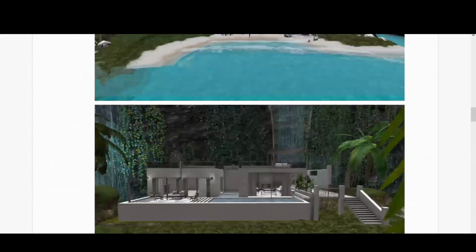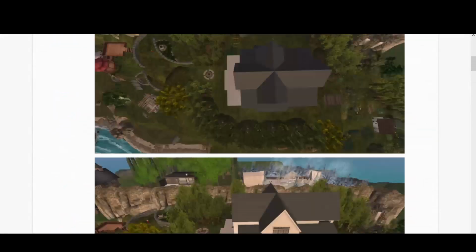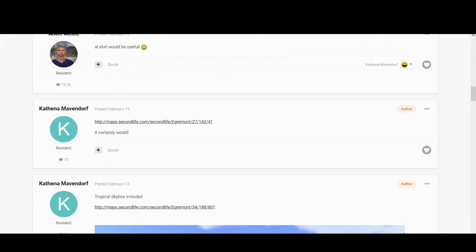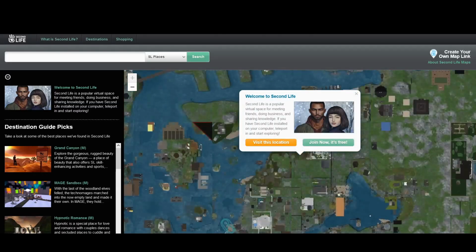Now, this isn't accurate. I like thinking about it like the Lego blocks brand of the SL map. Very simple, but you can see what's around you. All right, let's go over there.